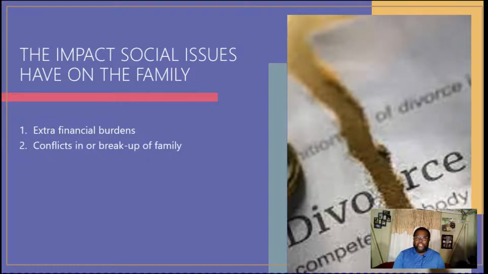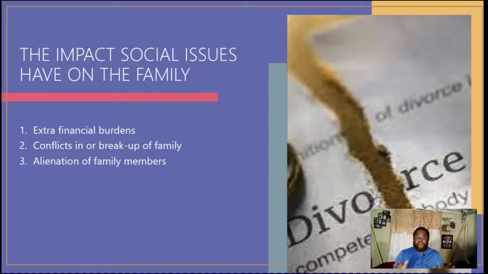Conflict in or breaking up of the family. Social issues can cause families to break up, because sometimes instead of supporting their family, as I said, people support their addiction. For instance, if they're in substance abuse, alcoholic, instead of supporting their family, the money goes towards supporting their substance abuse or addiction.